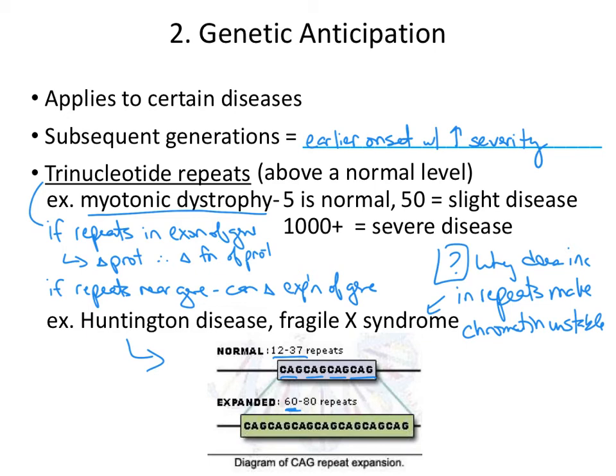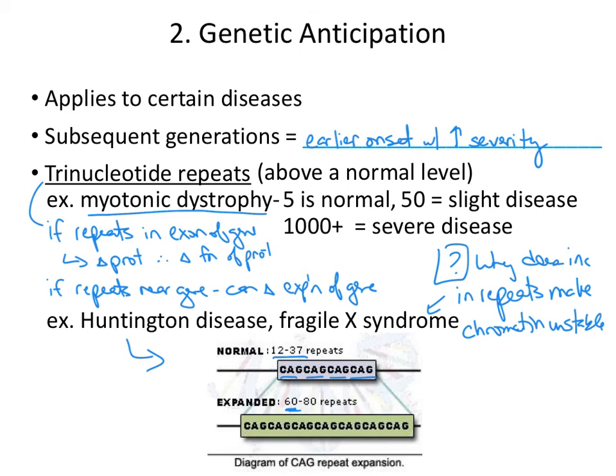And so there's some errors that occur. So each time the DNA is replicated, there's a good chance that it'll be expanded. And as these get expanded in somatic cells, which are your normal cells, it can cause increased phenotype. And if it's happening in germline cells, that's where it gets passed on, and the next generation has a worse phenotype because they have more repeats than the previous generation did.